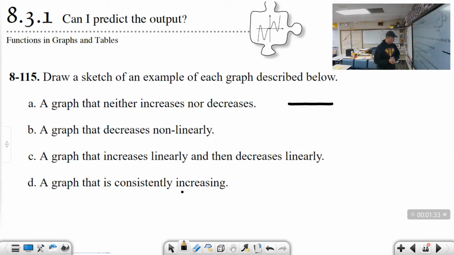C, a graph that increases linearly, so that means a line going upwards and then decreasing linearly. So a line going up and a line going down, okay? And D, a graph that is consistently increasing.